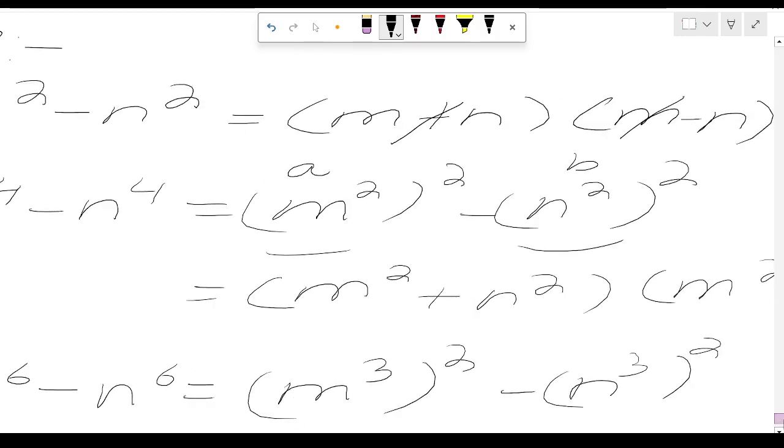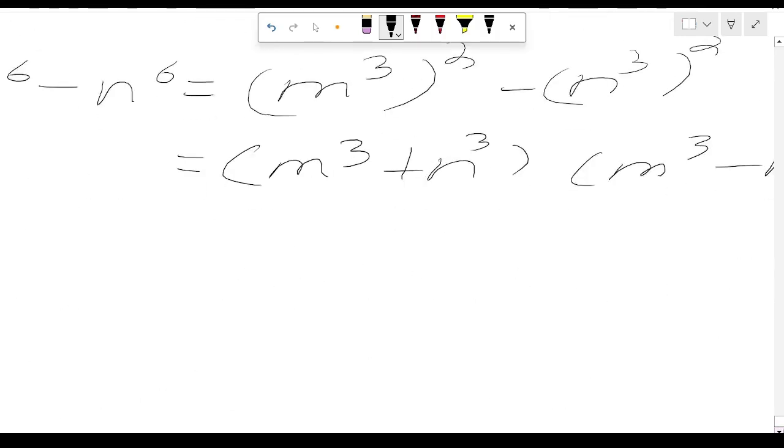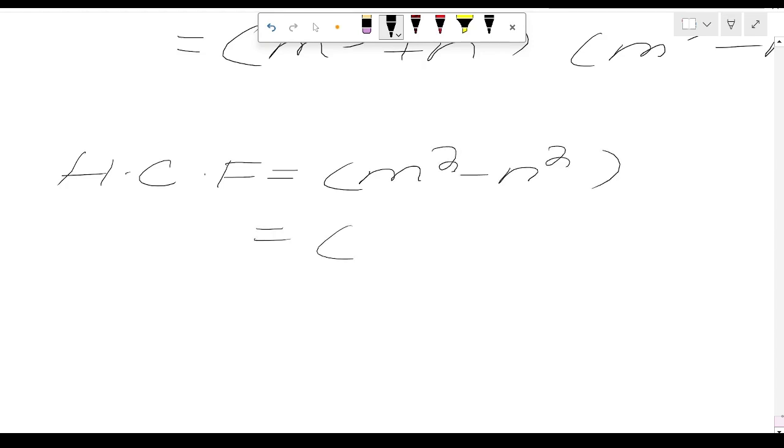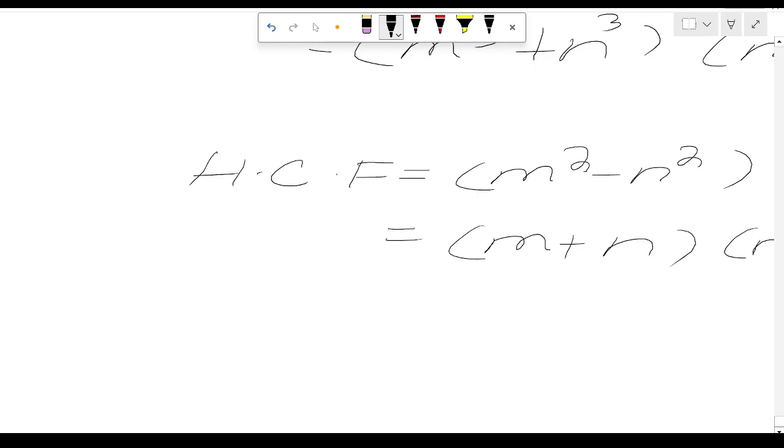So the HCF of question number 8 is m square minus n square, or it is also equal to m plus n and m minus n.